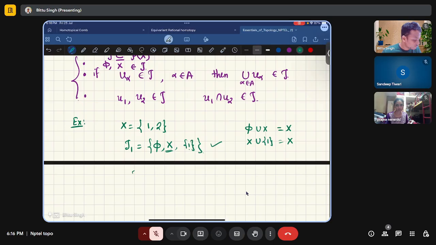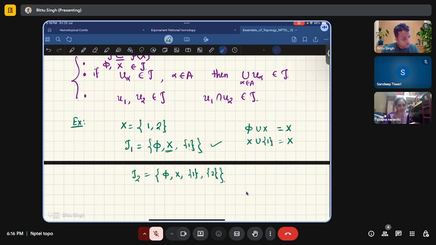Similarly, if we take the whole power set, that is, take the empty set, the full set X, {1} and {2}, this is also a topological space, right? You can see that the union of {1} and {2} is the whole X, and the intersection of {1} and {2} is empty.